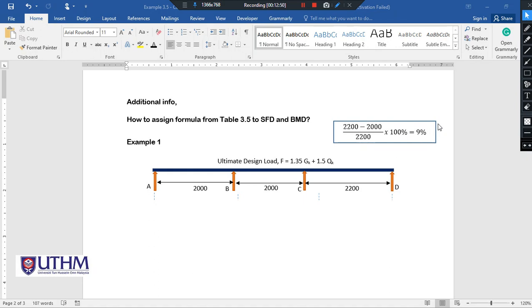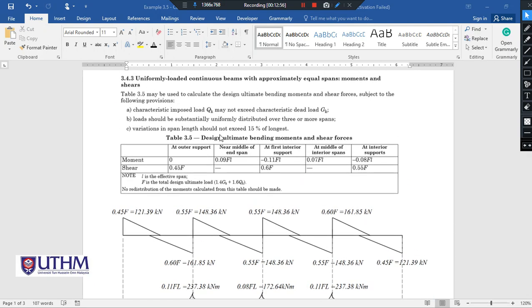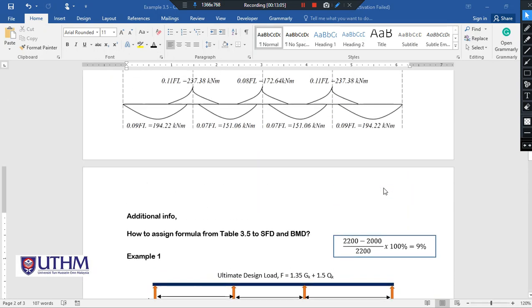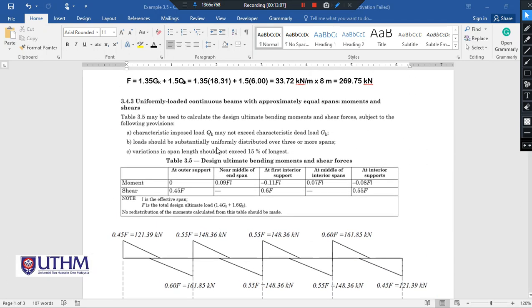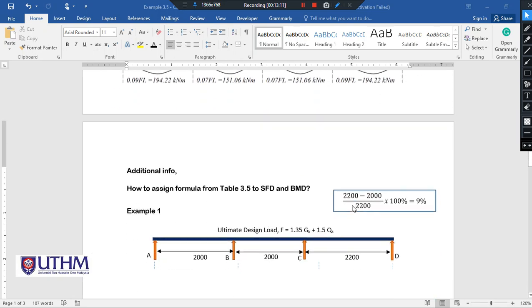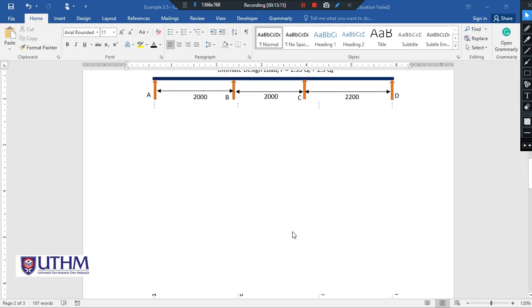So the difference is around 9%. Thus, this requirement is fulfilled, where the variation in span length is less than 50%. Once all these conditions are met, we can use table 3.5 to analyze this continuous beam.